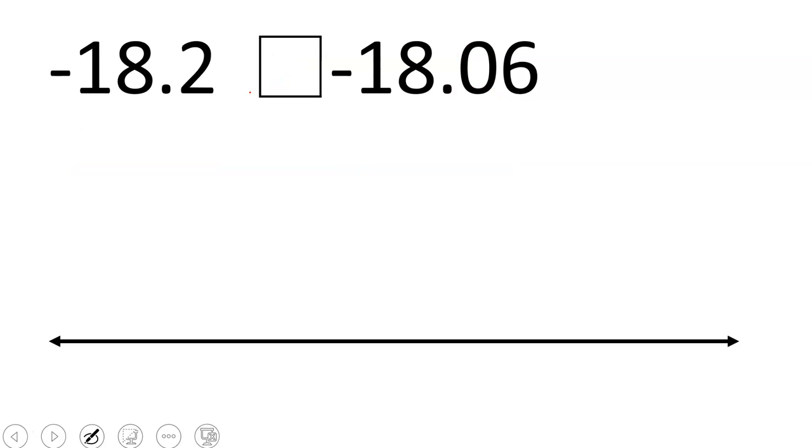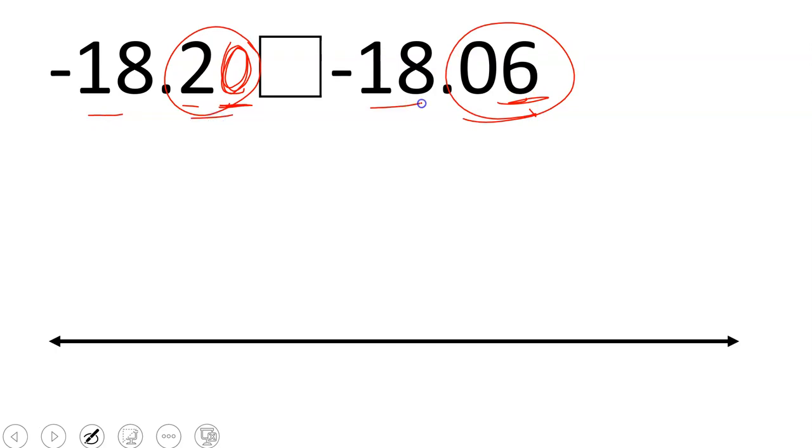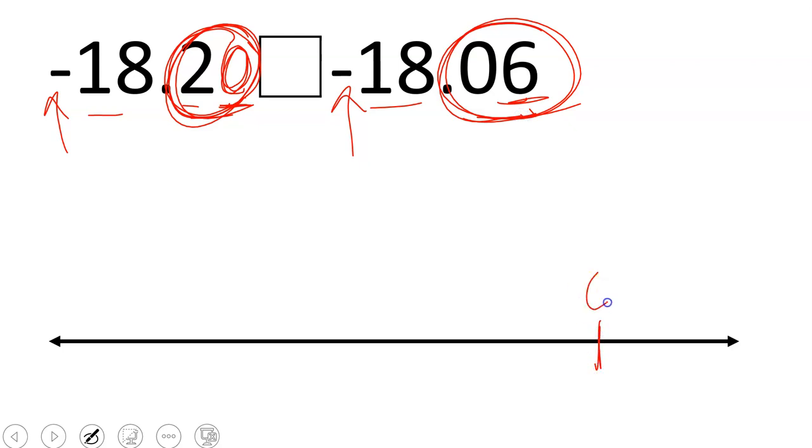Okay, now we're comparing negatives, which can seem more confusing, but use the same model. I'm going to add a 0 so that I'm comparing, it goes tenths, then hundredths. I'm comparing 20 hundredths to 6 hundredths. Well, really negative 18 and 20 hundredths compared to negative 18 and 6 hundredths. So there's more of this. Right now I'm ignoring the negative sign, okay? So there's more, 20 is larger than 6, but now I need to think about it in terms of negative values.